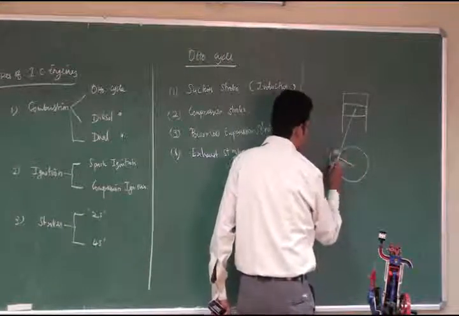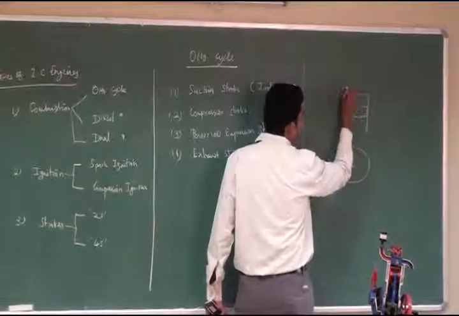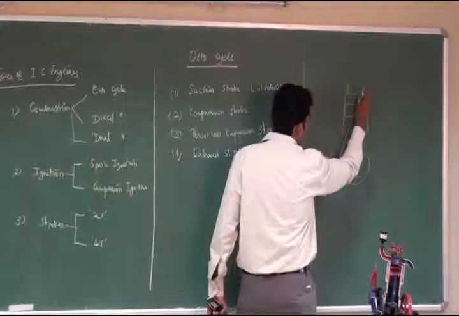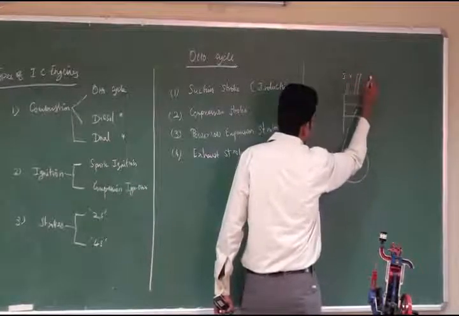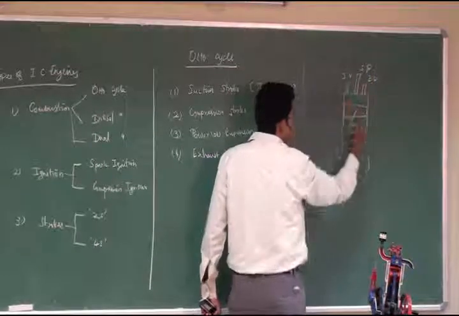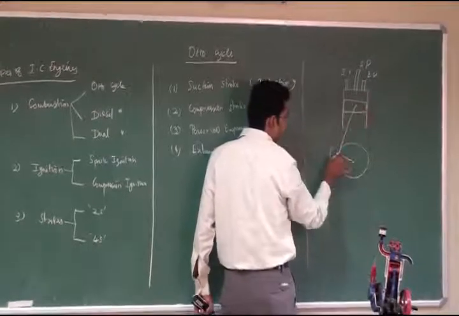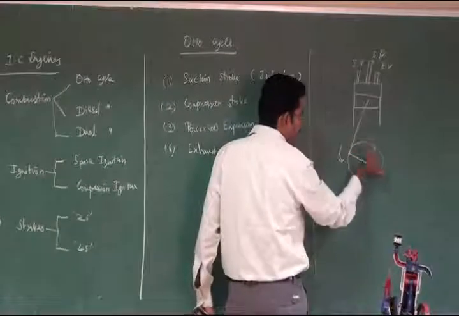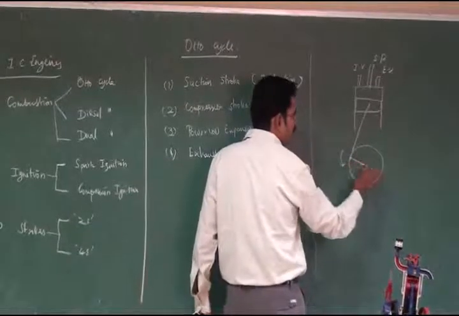The direction will be anti-clockwise. It is a cylinder head in which we have an inlet valve, exhaust valve and spark plug. This rotation is called rotary motion. Reciprocating motion is converted into rotary motion by means of the crankshaft.